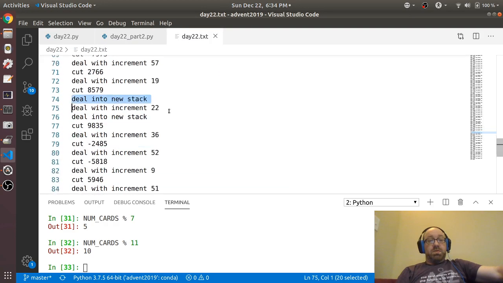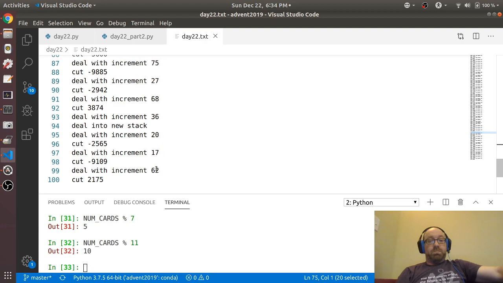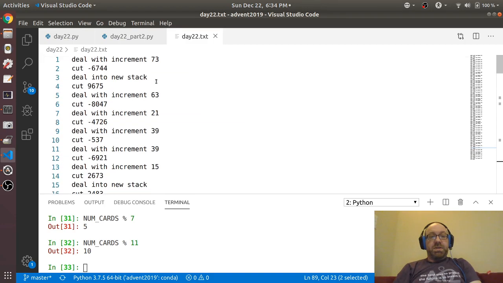So let's not do it that way, because these increments are all pretty small, right?